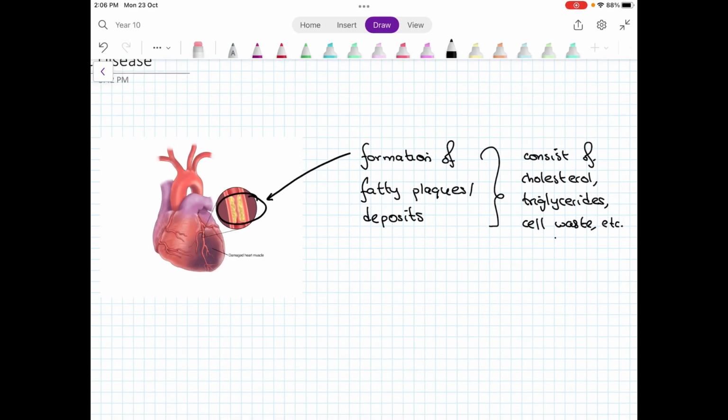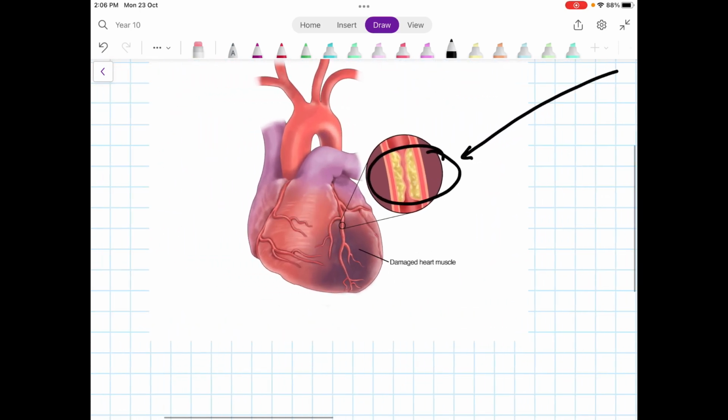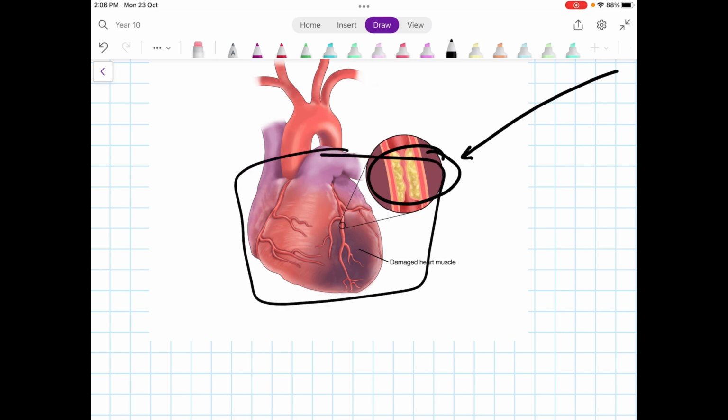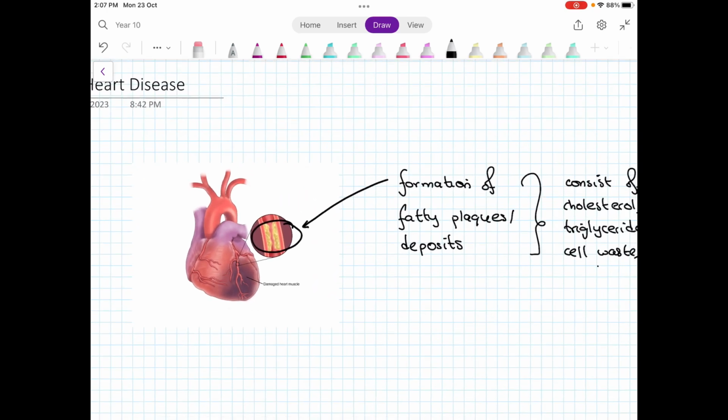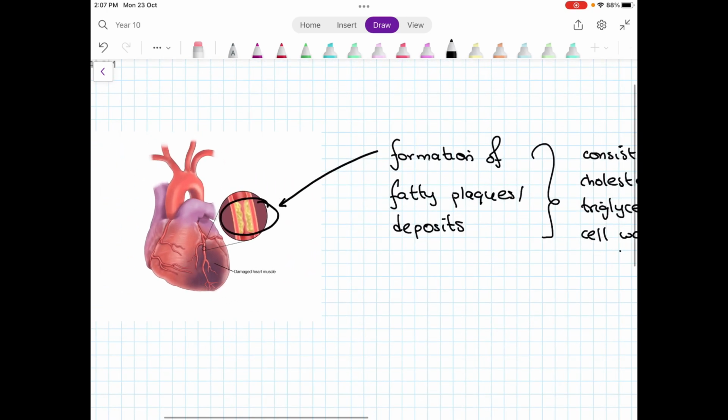So these are arteries which supply cardiac muscle, or the muscle of the heart, with the nutrients that they need, for example, oxygen and glucose. And these are needed in order to keep the heart beating.